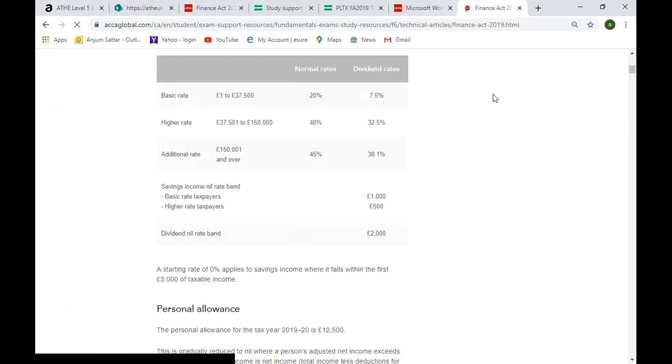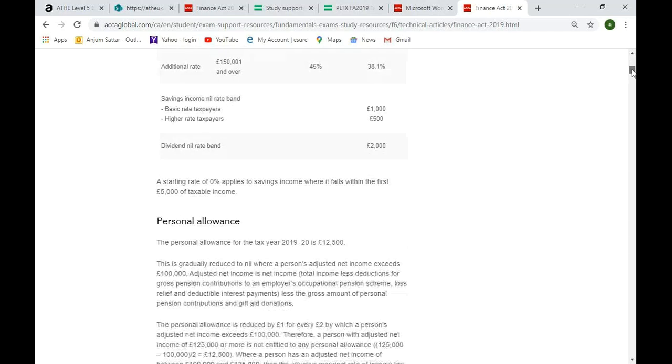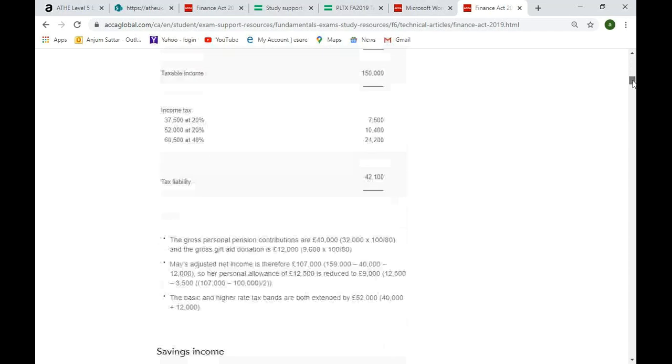So we have here a normal rate if your turnover is, 20% now. Then we have a higher rate. Then we have additional rates. Any question there? No, this is good.